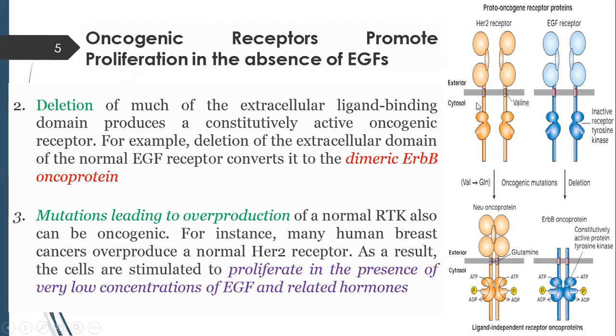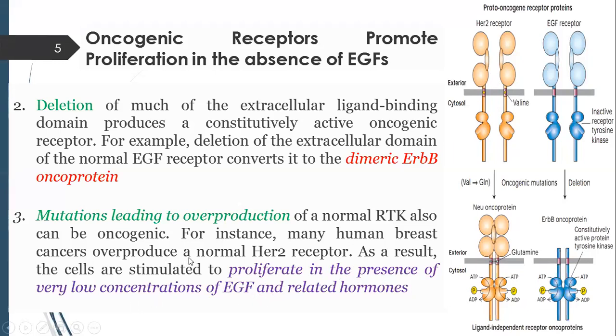So if there is more expression of these normal receptor tyrosine kinases on the cell surface, what will happen at low concentration of ligands? Even if the concentration is low, all of the receptors will dimerize and activate the pathway. So they will proliferate the cell in the presence of a very low concentration of EGF.